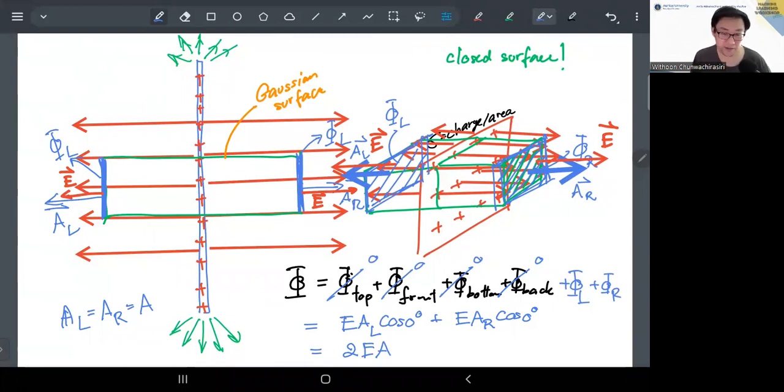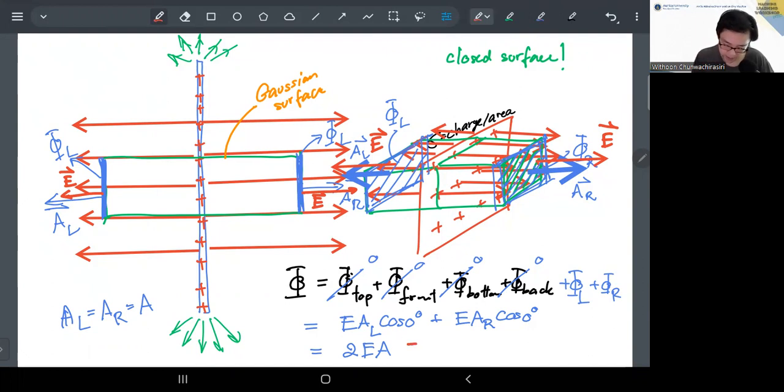That is the flux from a two-dimensional sheet of charge. And one thing you can notice right away, if you really want to figure out the electric field, you just use Gauss's law, right? Here's the key.